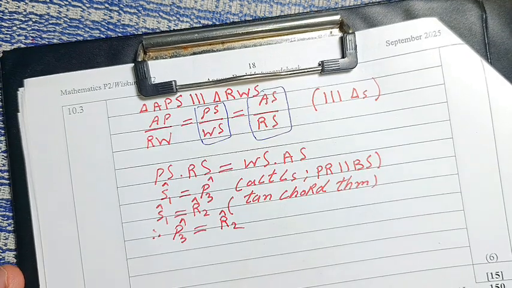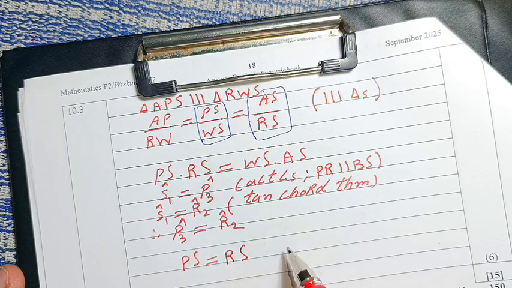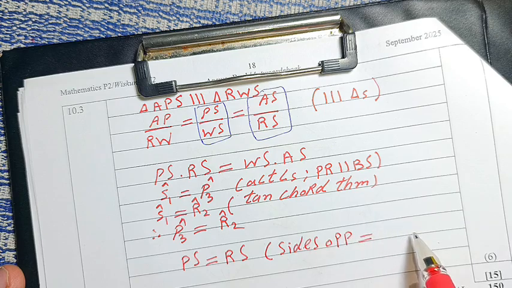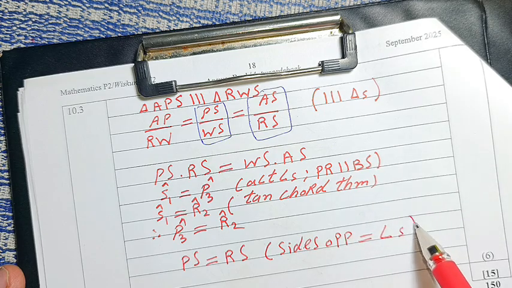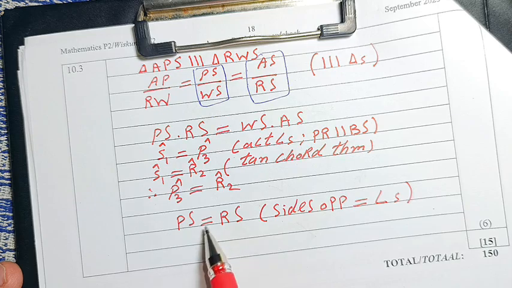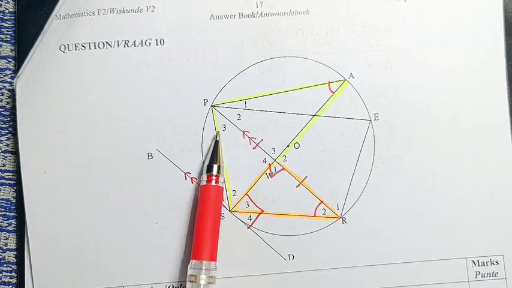Now I can say PS is equal to RS. The reason is sides opposite equal angles. Essentially it is an isosceles triangle. So now PS is equal to RS. The angle S1 equals angle P3, alternate angles.